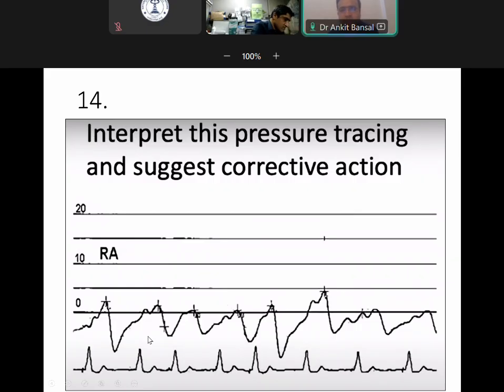Suppose this patient is in the ICU and you are measuring with a monitor and you have a transducer. What will be the position of the transducer in this patient? What will you do to correct it? Make it higher or make it lower?